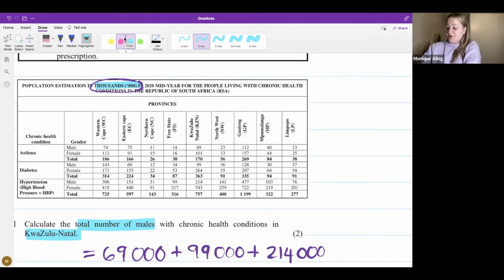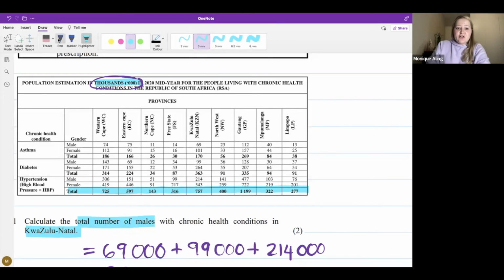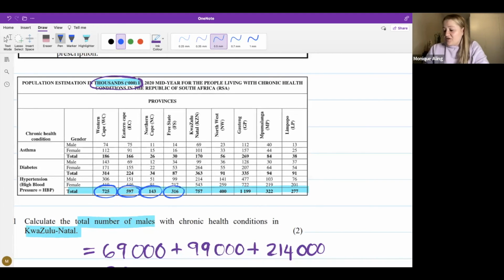Okay, so we were looking at these numbers specifically because we're looking at hypertension, but for everyone in South Africa, so we had to look at all the provinces. I've got the total for everyone with hypertension in Western Cape, Eastern Cape, Northern Cape, etc. So these are all the provinces and the totals because they asked for hypertension in the whole of South Africa.